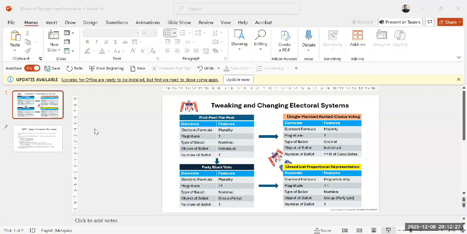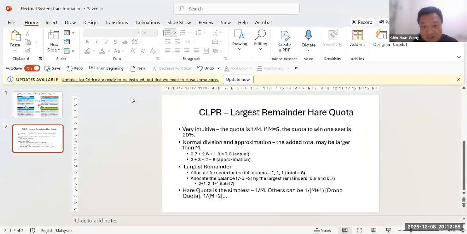Agree? Prof, sorry to interrupt. I think we're not seeing the screen where your cursor is showing. Really? You see my changing screen, but you don't see my cursor, right? Okay. Now I'm at the second line. Normal division and approximation. The added total may be larger than M. Can you see that? We can see your cursor, but not the screen you're looking at. Oh, you don't see my screen. Now we see it.